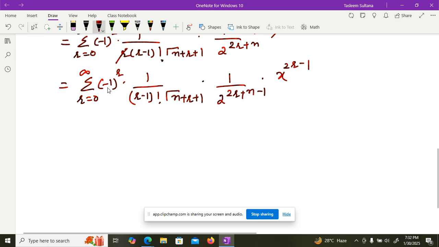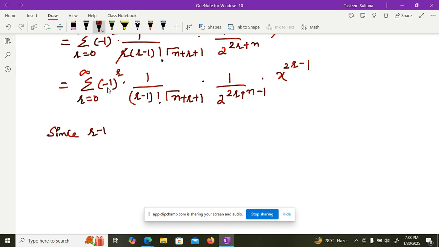Summation, it is starting from r is equals to 0 to infinity. When I substitute r is equals to 0, what is going to happen here? 0 minus 1 factorial is there, so minus 1 factorial, and the value is not defined, so that is going to be infinity.